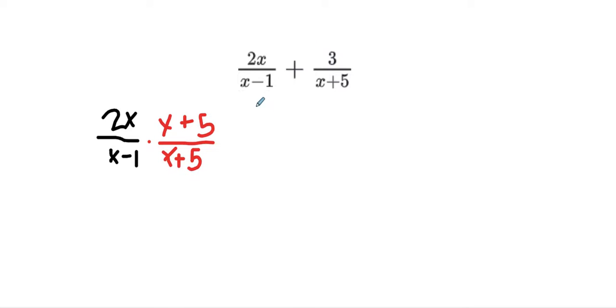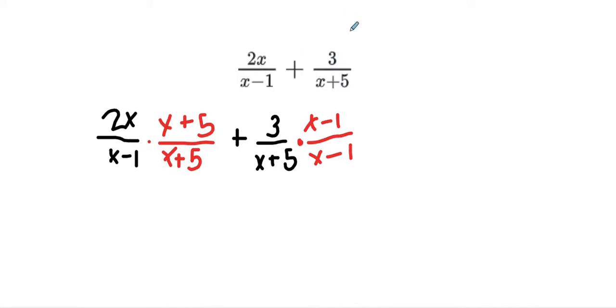Then I'm going to add that with 3 over x plus 5 times, okay, multiplying it by the other denominator, x minus 1 over x minus 1. So now my common denominator is going to be x plus 5 times x minus 1.